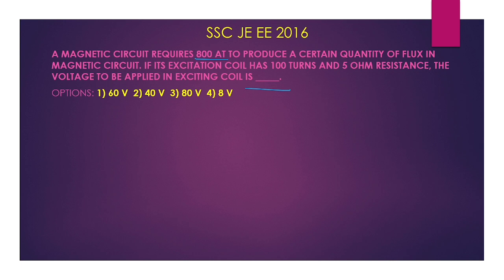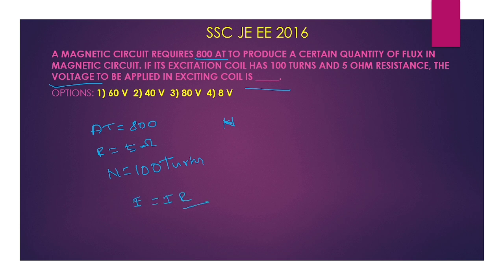So from the given, we came to know that the ampere turns is 800, the resistance is 5 ohm and the number of turns is 100. Finally we need to find the value of voltage. In terms of the magnetic circuit, the formula is E is equal to IR.